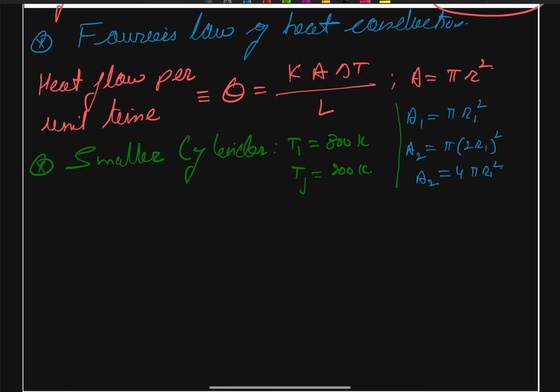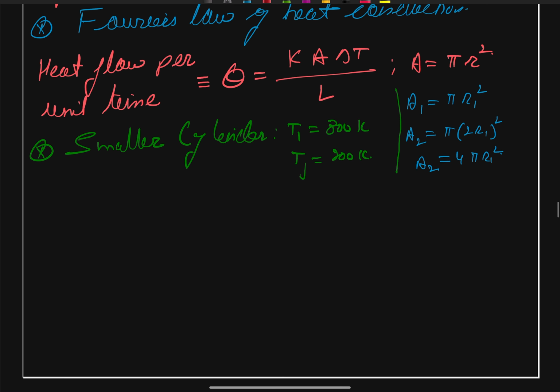Therefore, we can say that our heat Q, with conductivity K1, area A1, can be written as delta T1 divided by length, which is the same.